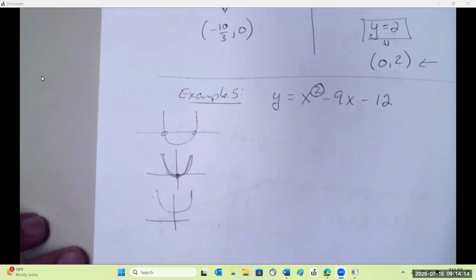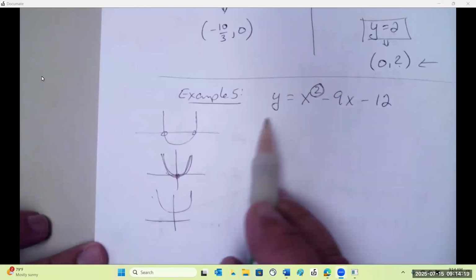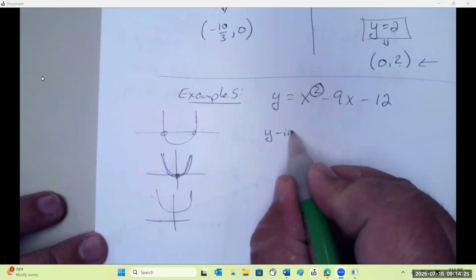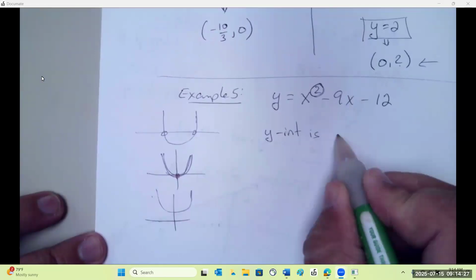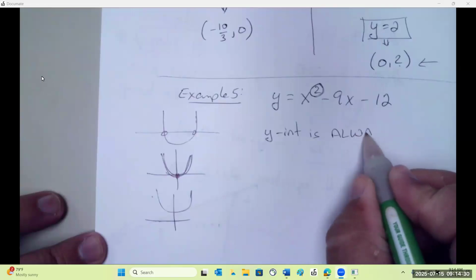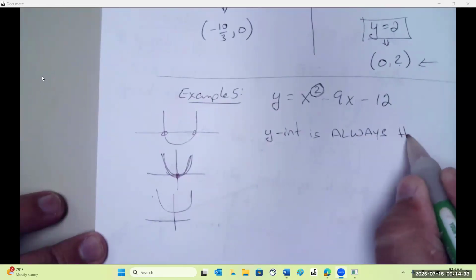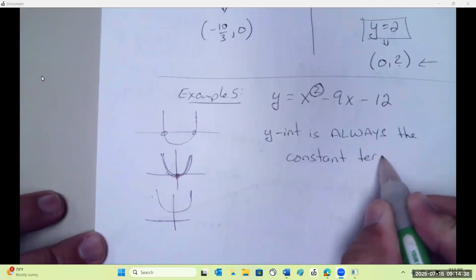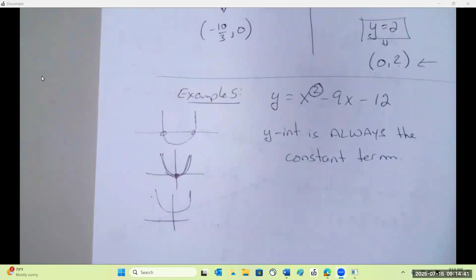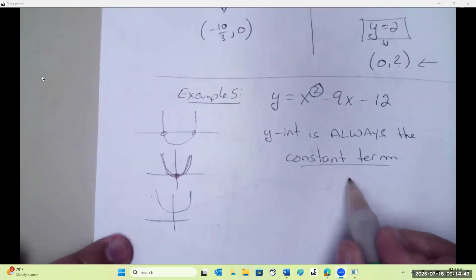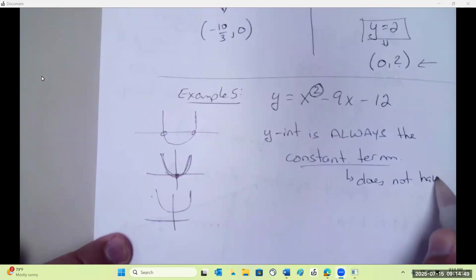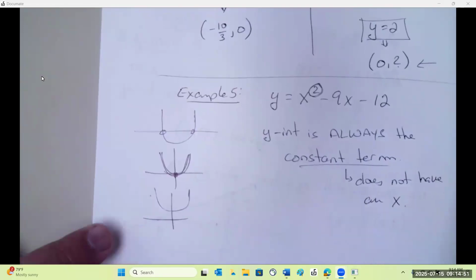But we can find the y-intercept. No matter what kind of equation you have, if it's not linear, the y-intercept is always the constant term. What I mean by constant term is the term that does not have an x.